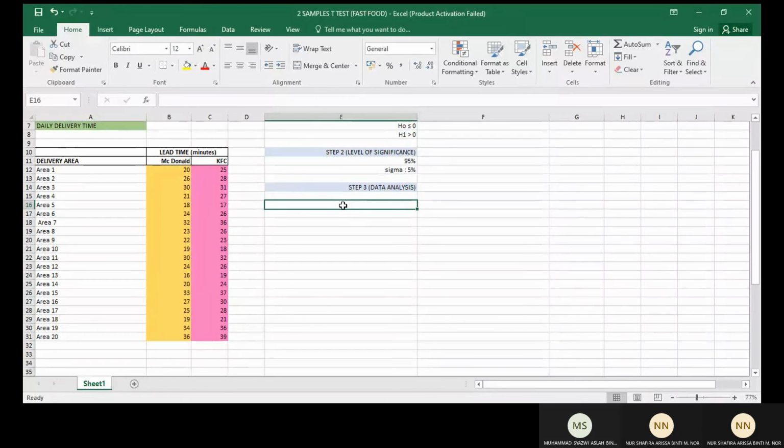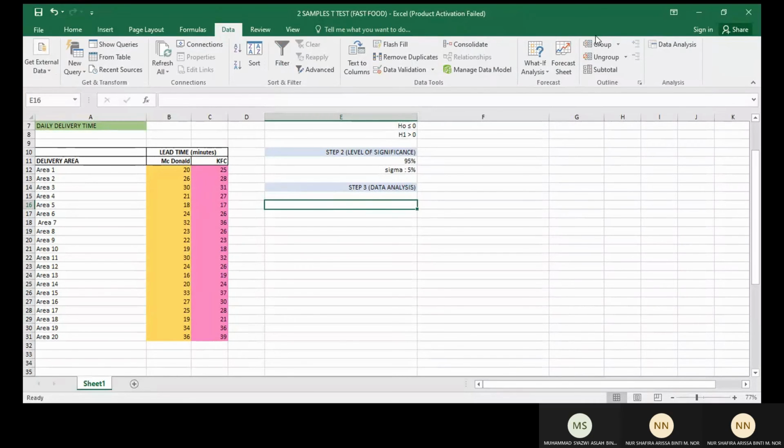Okay, for the next step, which is step 3, the data analysis. First, we must choose the data and then pick the data analysis. Next, we must choose the t-test two-sample assuming unequal variance. This is because this data has unequal variance.